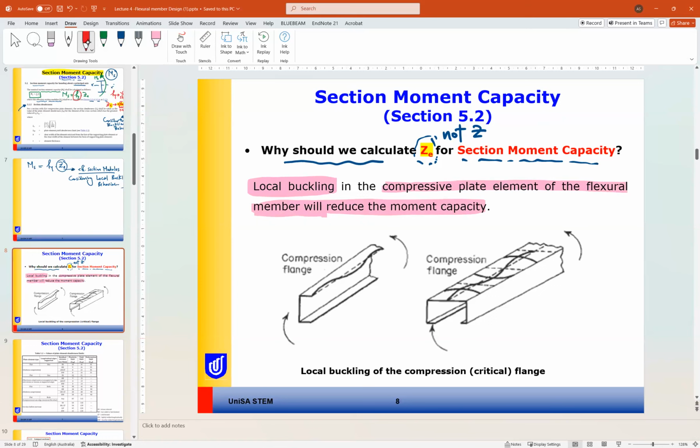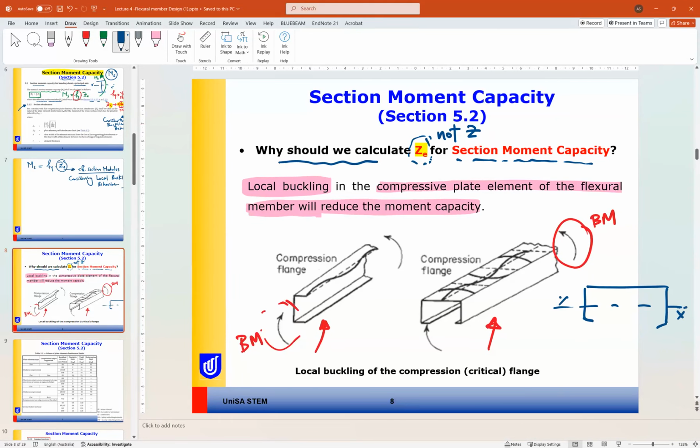If you look at these two types of cross sections, both of them are under bending moments. If this is our x-axis, the bending moment causes what?